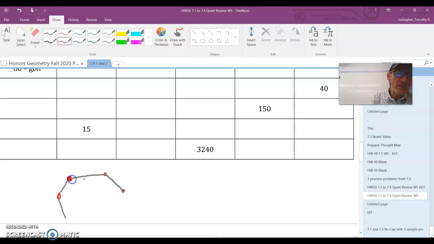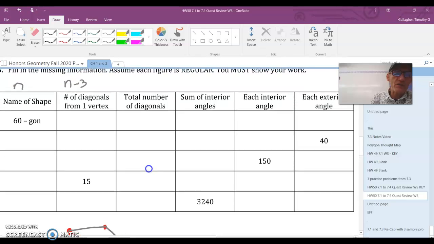But I can't go to this one with the diagonal from here. I can't go to this one with the diagonal from here, and I can't draw a diagonal back to itself. So the number of diagonals I can draw is N minus 3, okay?